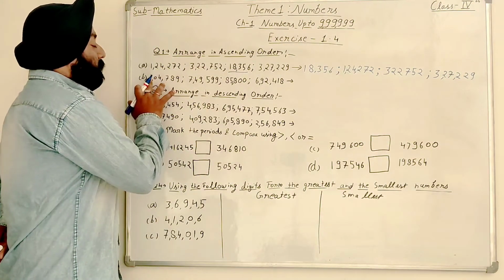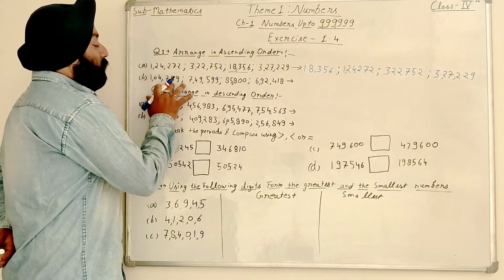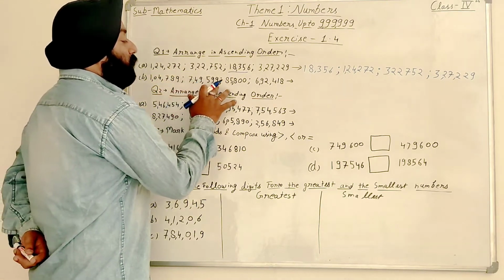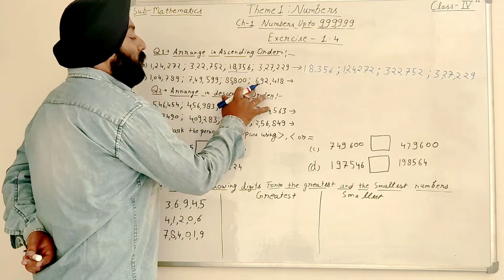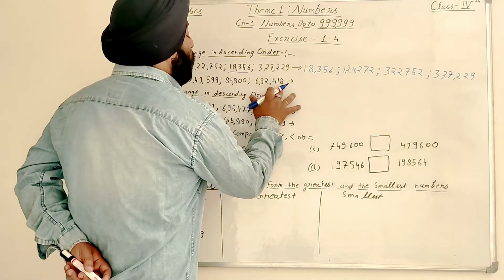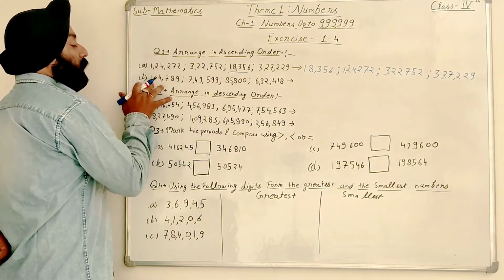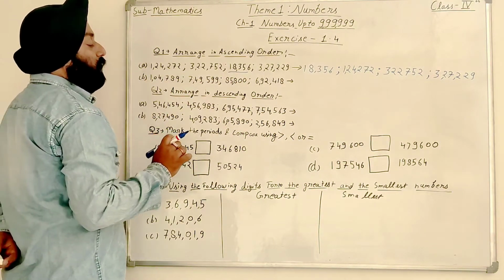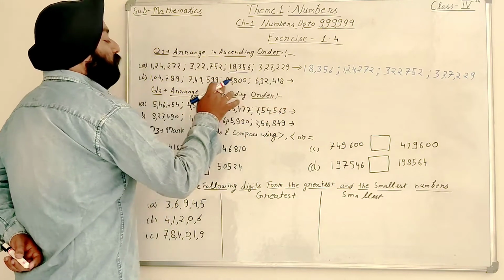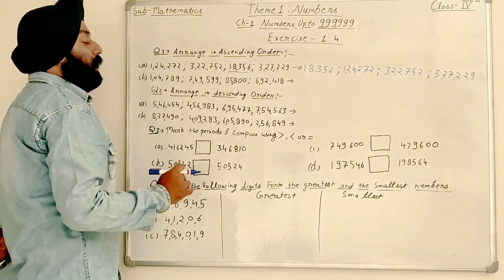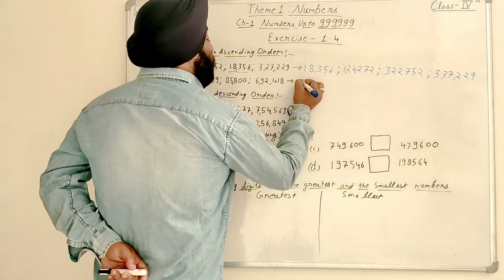Afterwards, B part: 1,04,789, 7,49,000, 85,800, 6,92,480. So 85,000 is the smallest, then 1,04,789, then 6,92,000, then 7,49,599.